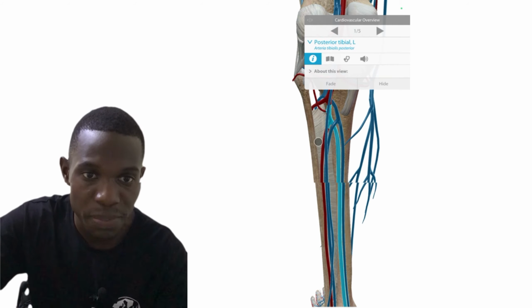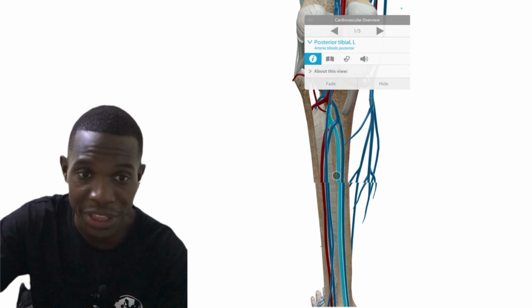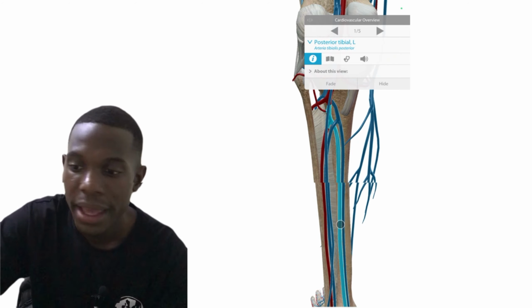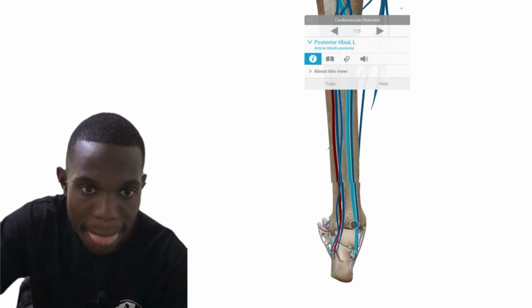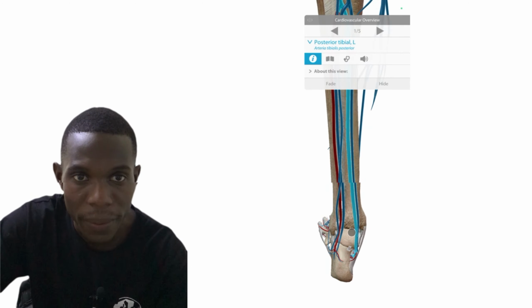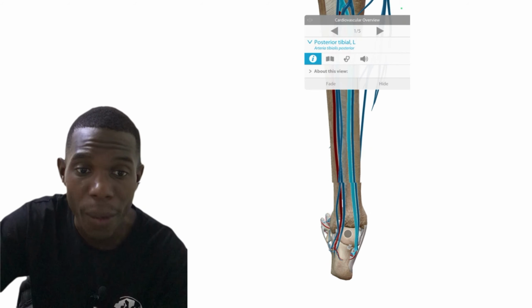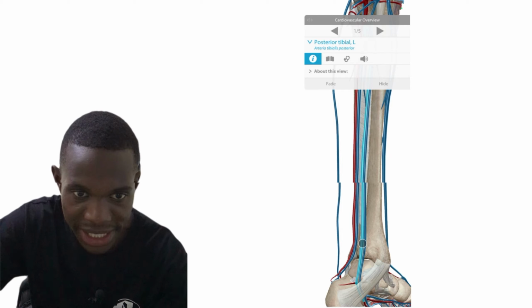So we have the tibialis posterior here, and the artery will be descending, lying on the floor of the tibialis posterior, and then it's going to go down and pass posterior to the medial malleolus, as you can see here.